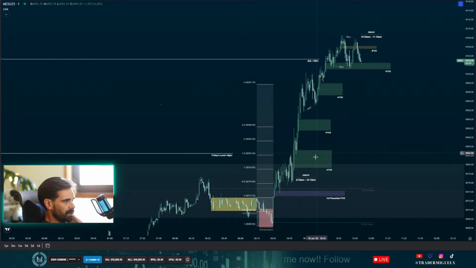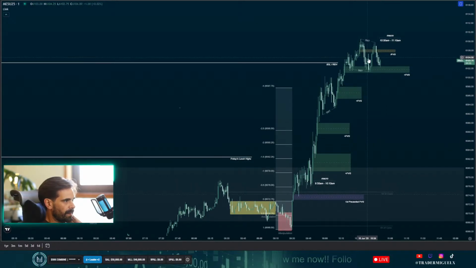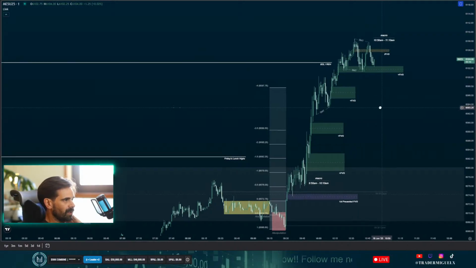So if you would have entered here somewhere, taking your long, at this point you should have been closing your full position. It can eventually retrace a little bit harder, but it can eventually be a stop hunt as well.